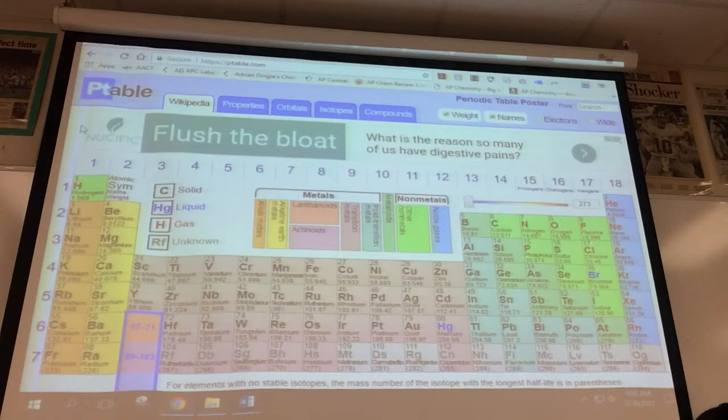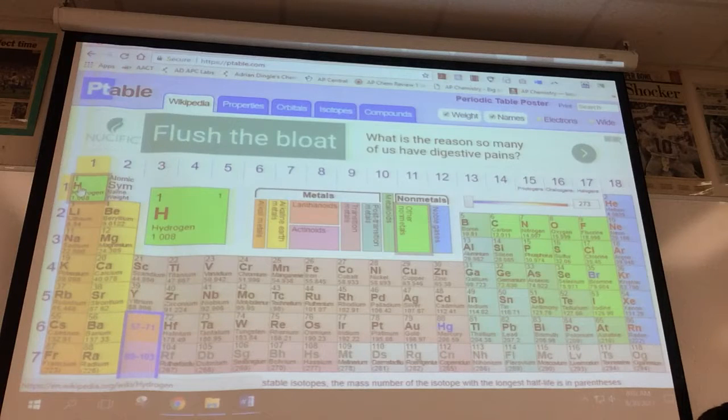Each element has a unique chemical symbol. For example, hydrogen is H, lithium is Li, sodium is Na, potassium K. Those chemical symbols don't always start with the name of the element. A lot of them are Latin words, and so they're based off that. Some of them are a little unusual, like tungsten is W, and wherever I point, you'll see the element here.